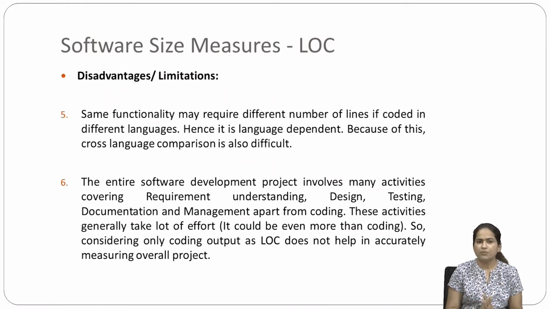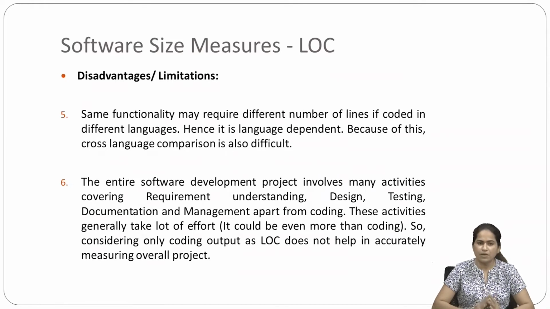The entire software development project involves many activities which cover requirement understanding, design, testing, documentation and management. Apart from coding, only coding is not there which we need to consider. We have many other activities which we need to consider when we are estimating the software size. These activities take a lot of effort.